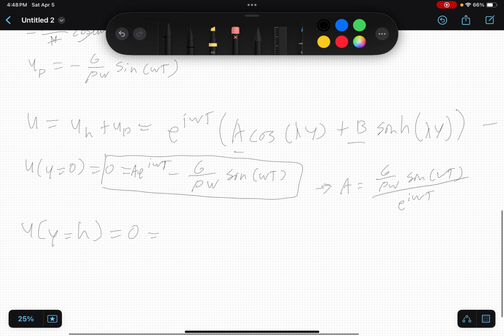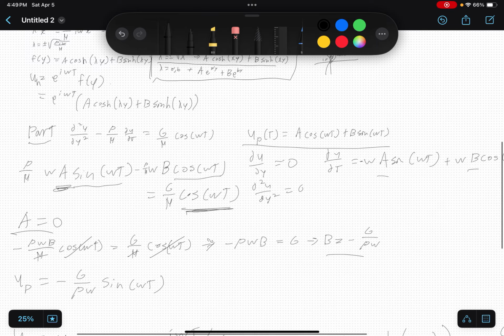That equals e^(iwt) A cosh lambda h, and we'll plug in A, but I don't want to do it, plus B sinh.